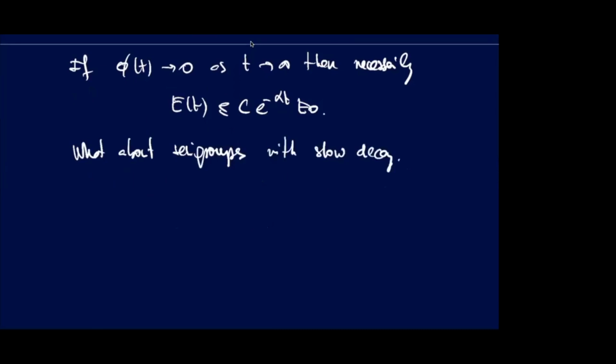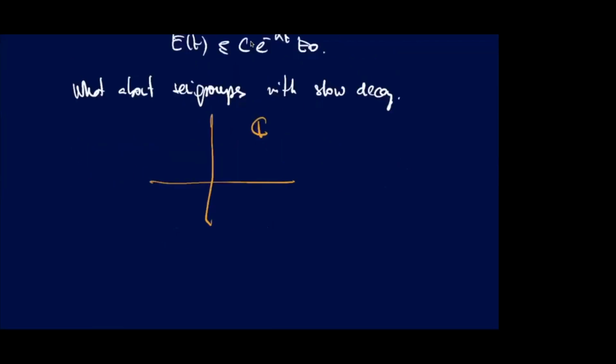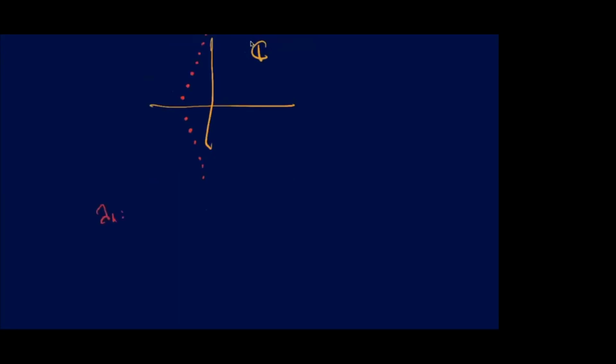So I could certainly take, for instance, you can always build abstract dynamical systems in little L2. This is the prototypical space of infinite dimensions in which you can build a specific semigroup just choosing the corresponding matrices. And you can certainly build semigroups in which the spectrum of the corresponding semigroup is something like this: all the eigenvalues lambda k are such that the real part of lambda k is always negative.